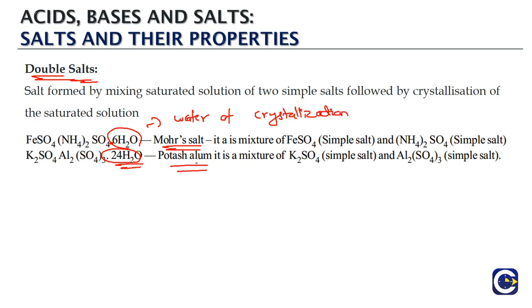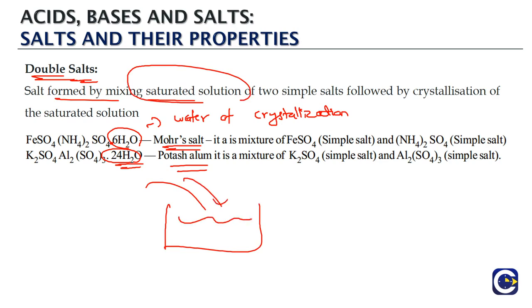So this will be a property of some salts. Now these salts, double salts, are formed by mixing saturated solutions. So what is a saturated solution? When we are mixing a salt into a particular solvent, so we are mixing our medium, like say we are mixing a salt into water, for example.